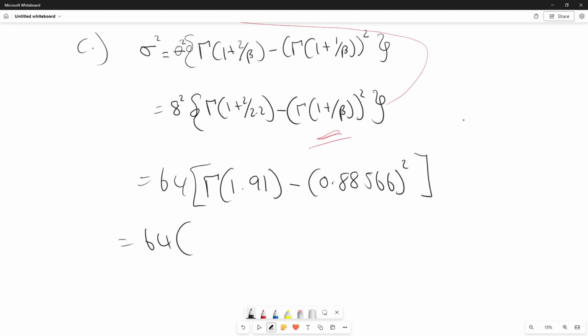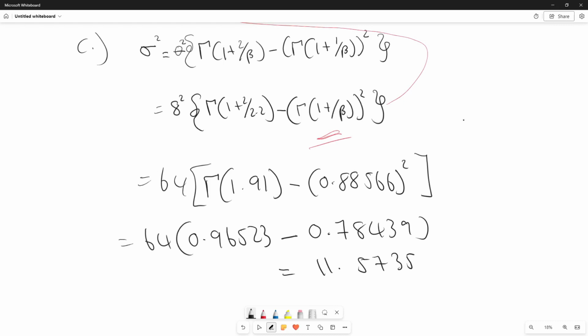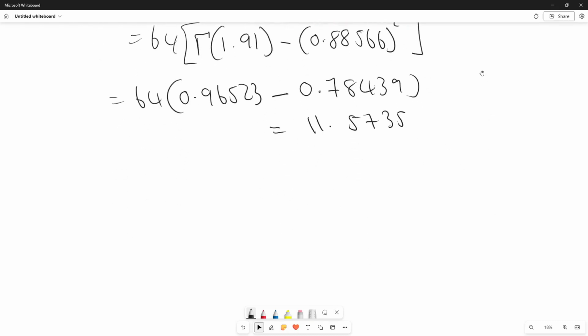When you find the gamma function of 1.91, you get 0.96523. When you solve this, you get 0.78439. Solving this, we get 11.5735, and don't forget this is sigma squared, so standard deviation is the square root of variance. Square root of that, we get 3.402 years.